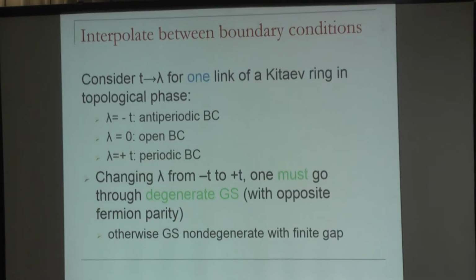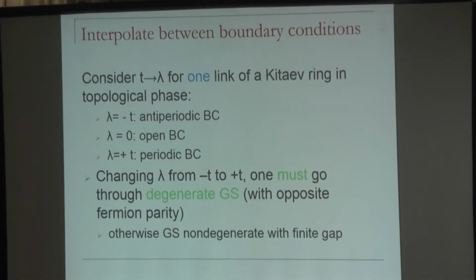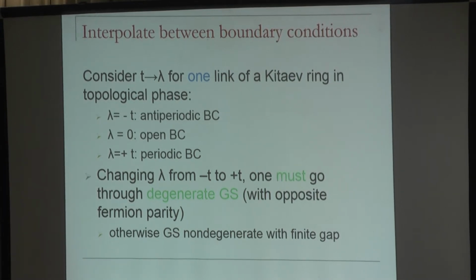And indeed, we saw that if we put the whole system on a ring and change the boundary condition smoothly from antiperiodic to periodic, we start like this. So let's say we start with the periodic boundary condition. The lowest state is odd parity. There's a gap to the even parity. At the end of the journey, at the antiperiodic, it's the other way around.